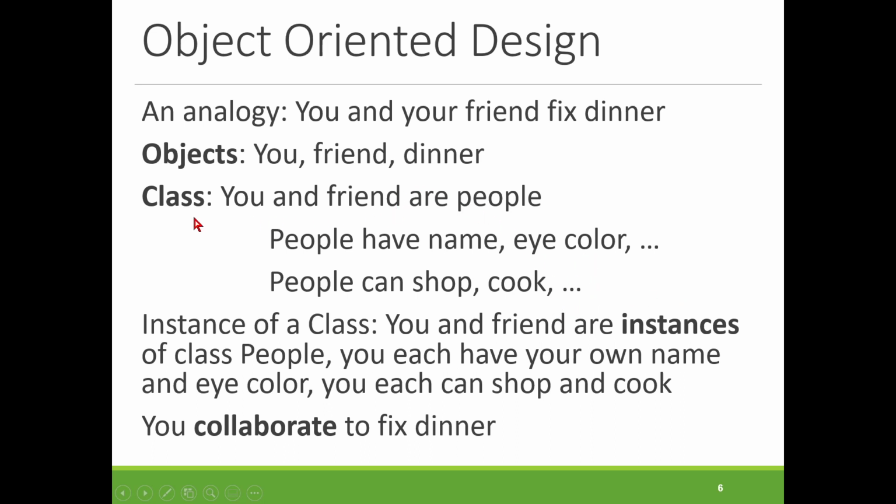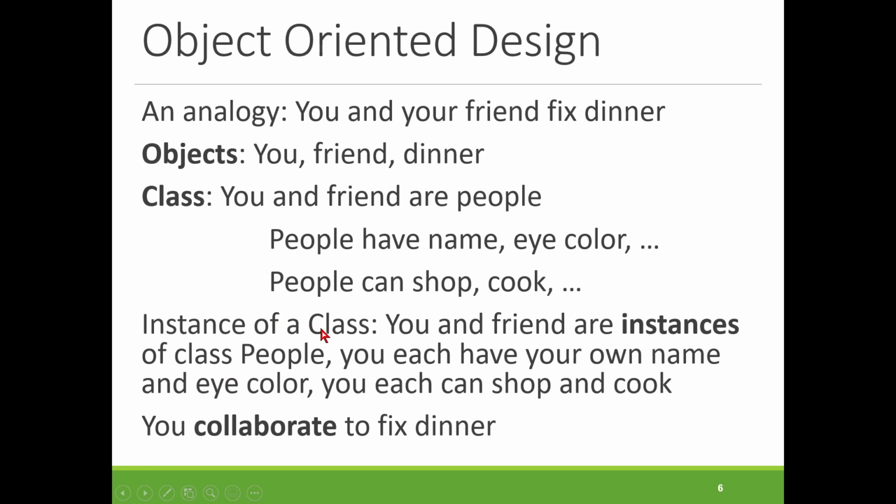For a class, you and your friend are both people. So we might have a person class or a people class. People might have a name, eye color, birthday as their data. What can they do? Well, in this case, people can shop, buy ingredients, cook, mix, basically do all the steps necessary to fix dinner.